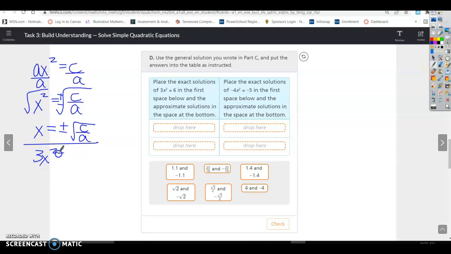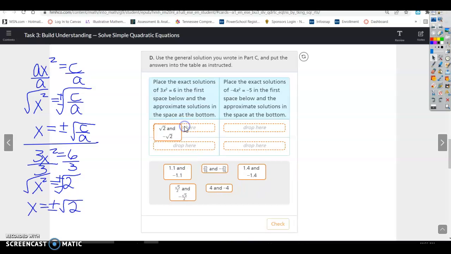First thing we're going to do is divide by 3. X squared equals 6 divided by 3 is 2. I'm going to take the square root of both sides. X equals plus or minus square root of 2. So that's going to be my exact solution, plus or minus the square root of 2.